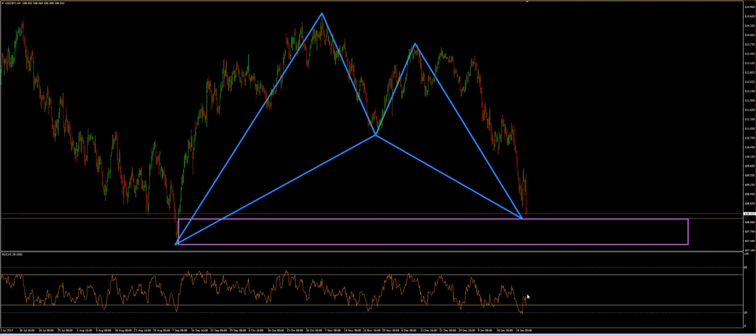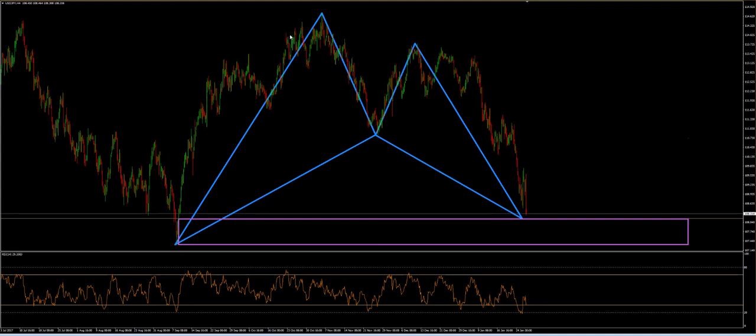All right, and we're coming back down. We got a lower low here, but we got a higher high here. So it's going to be interesting to see how price behavior develops in here. We want to pay attention to that and see if we get any kind of divergence that could lead us to a potential opportunity.